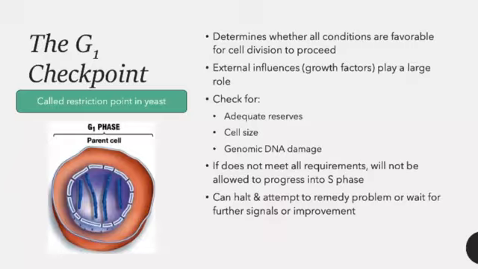At G1, the cell checks for a couple of factors. Do we have adequate energy reserves? Is the cell large enough to divide properly? And most importantly, is there any genomic DNA damage that needs repair? Our external influences like growth factors also play a big role here in helping our cell move past this checkpoint.